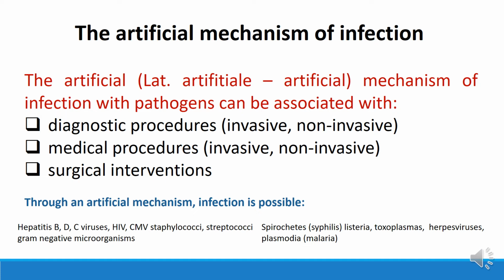Through the artificial mechanism of transmission, infection is possible, for example, with hepatitis B, D, C viruses, HIV infection, staphylococci, streptococci, gram-negative microorganisms, and other causative agents.